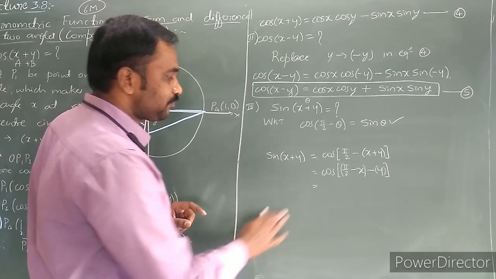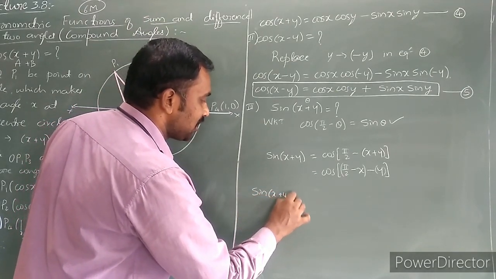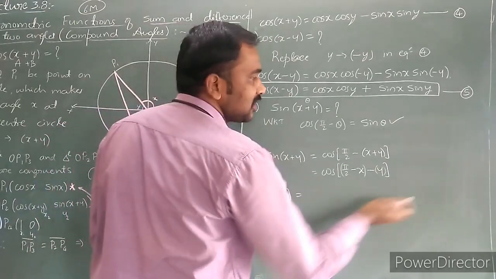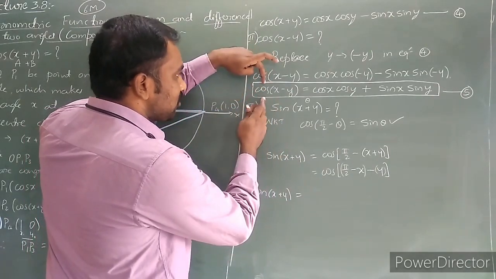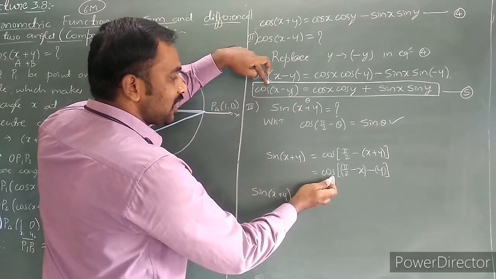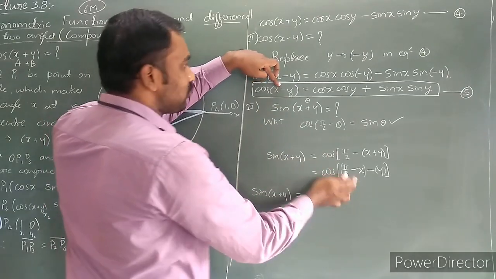What can we write? I just write from here sine of x plus y, left hand side as it is. Due to the shortage of space, I am writing here cos in place of x, this value, cos as it is, in place of x pi by 2 minus x.